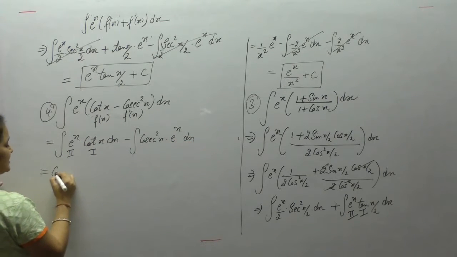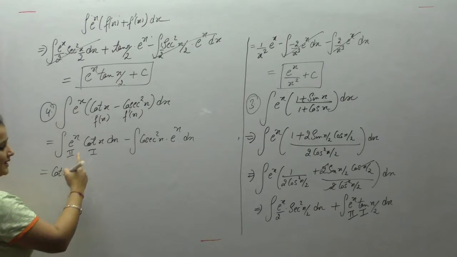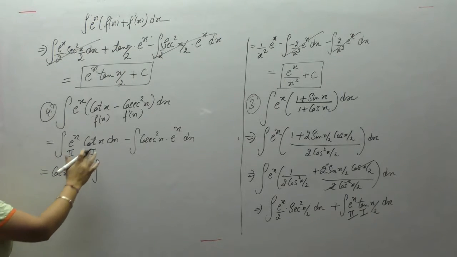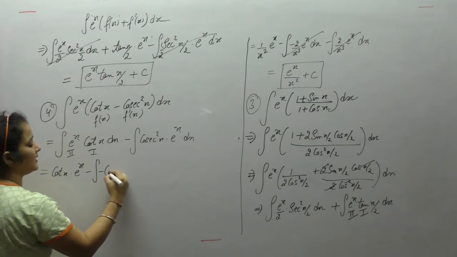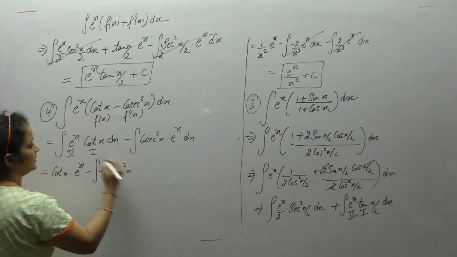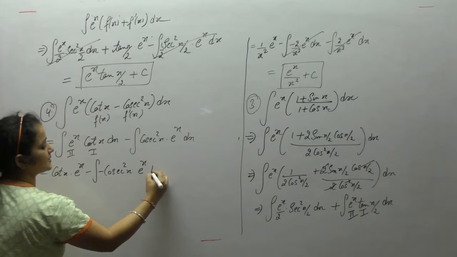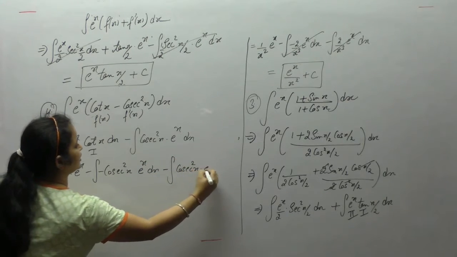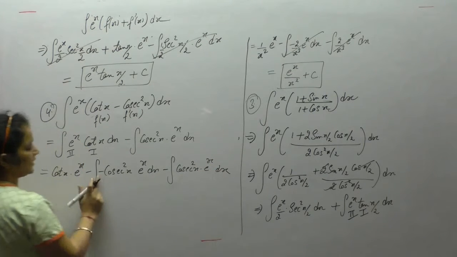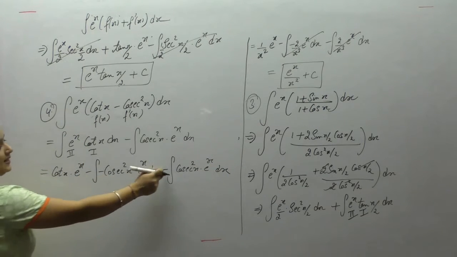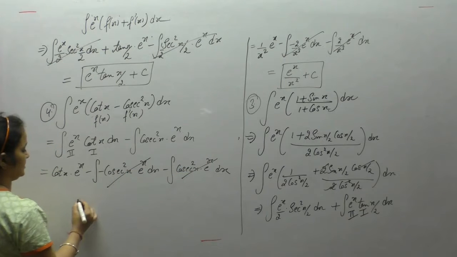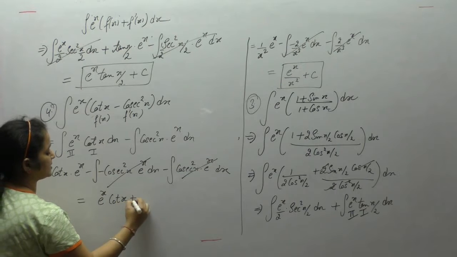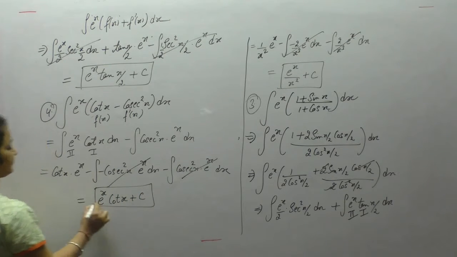First function as it is, integral of second, integral of e^x, minus integral of derivative of cot, which is minus cosec square x, integral of e^x is e^x, minus cosec square x into e^x dx. Minus minus plus, and this term is of minus. So what we get here is e^x into cot x plus c.